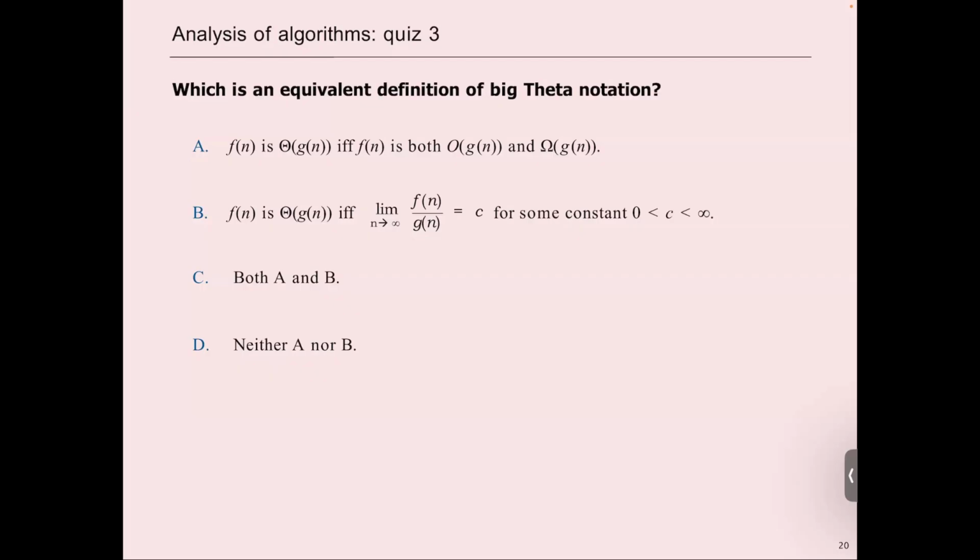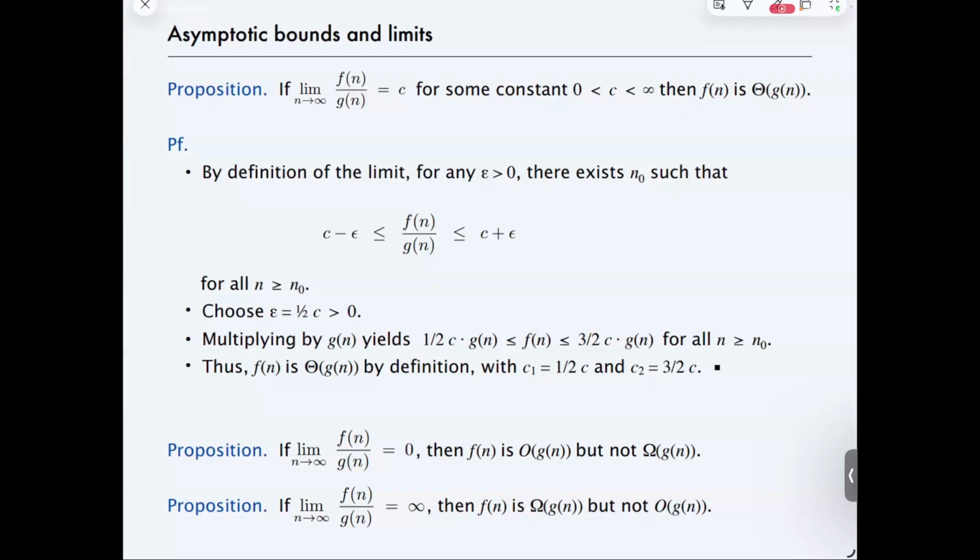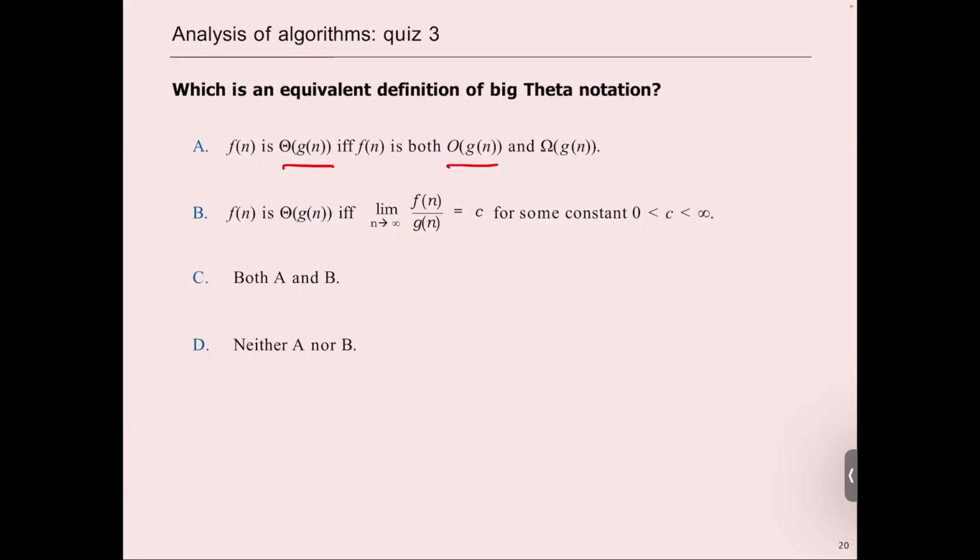A is simply the first definition that we gave: f of n is theta of g of n if and only if f of n is both big O of g of n and omega of g of n simultaneously. This one is 100% correct. It's just the definition of what it means to be big theta.